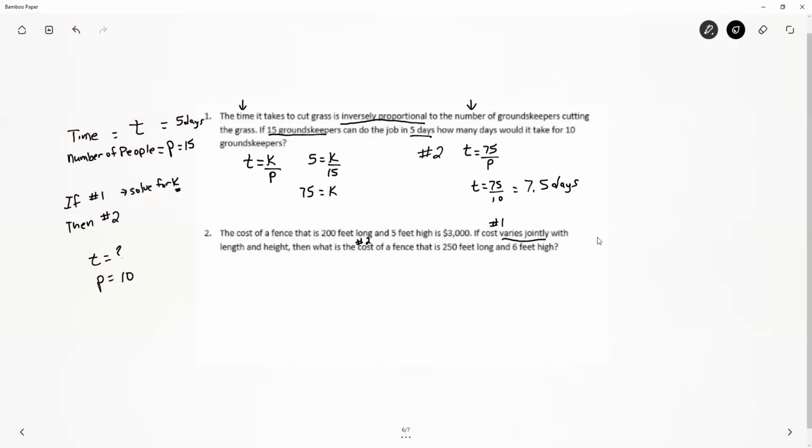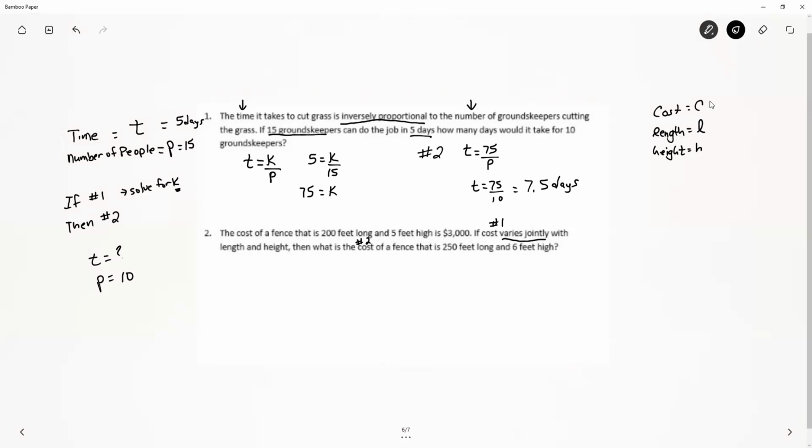All right. So let's see. We have the cost of the fence, and then we have a length and a height. So let's find variables to represent cost, length, and height. Cost, I'll use C. Length, I'm going to use a cursive L, and height would be H. The only reason I'm using a cursive L is if I just use L for length, it looks like a 1, so you've got to be careful with that.